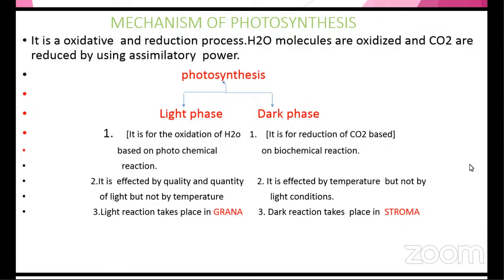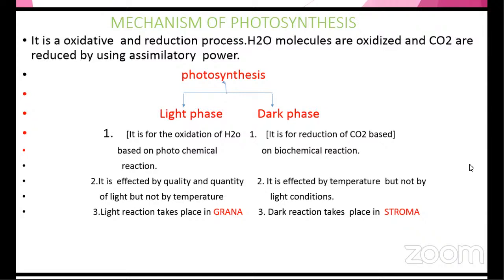It is influenced by light only, but not by temperature. And the light phase takes place in the grana part only. Moreover, during this light phase, assimilatory power is produced. That means 3 ATPs and 1 NADPH2 are synthesized during this light phase. So, these are 4 important points in the light phase.